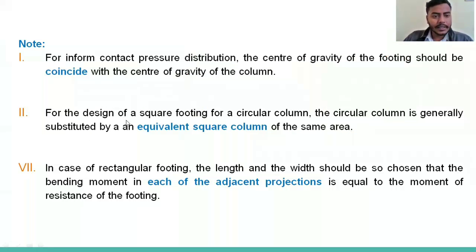Okay, the second is the design of a square footing for a circular column. The circular column is generally substituted by an equivalent square column. Suppose there is a square column, you can see the cross section like this.